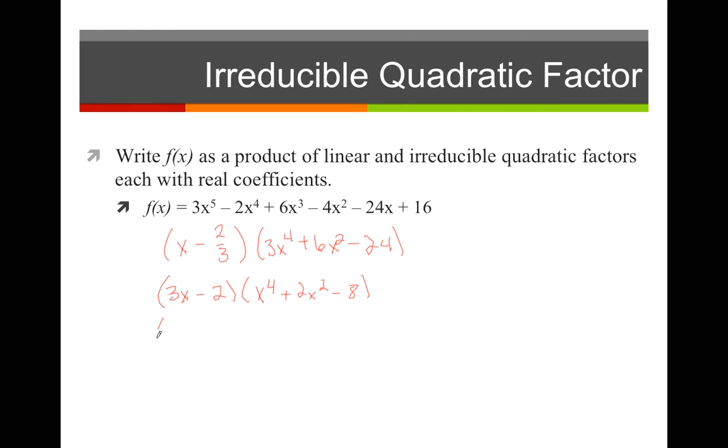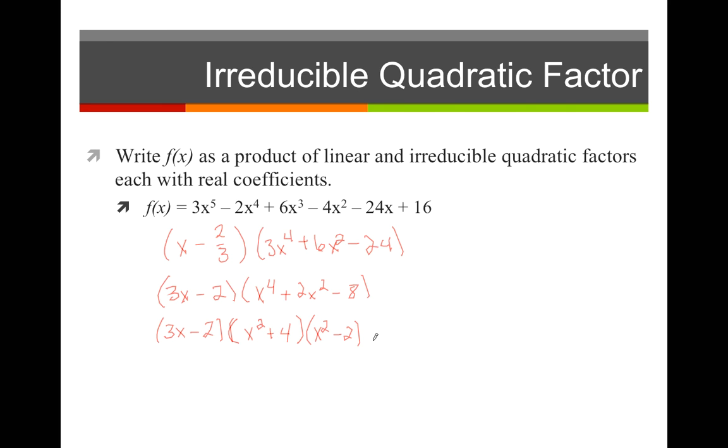And as we continue this process, remember synthetic division for this 2/3, by the way. We get 3x minus 2, and here x to the 4th plus 2x squared minus 8 actually factors to x squared plus 4 and x squared minus 2.